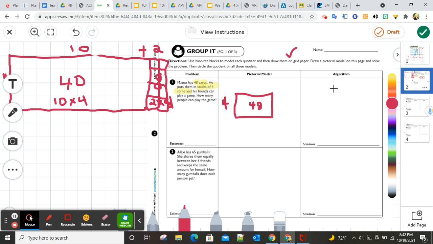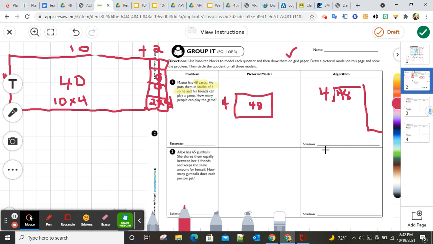And over here for my algorithm, I am doing the partial quotient. So 48. I'm going to draw an L like we did yesterday, long L. So we said 10 times 4. 10 times 4 is 40.